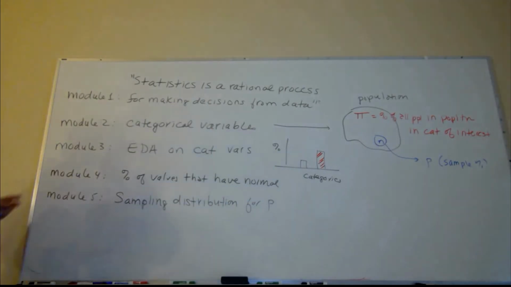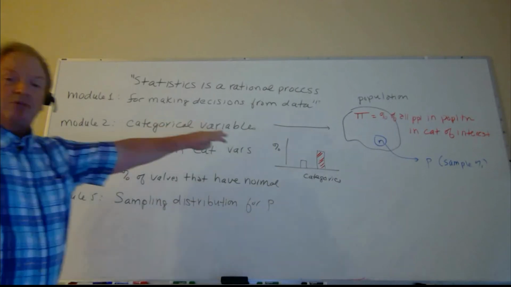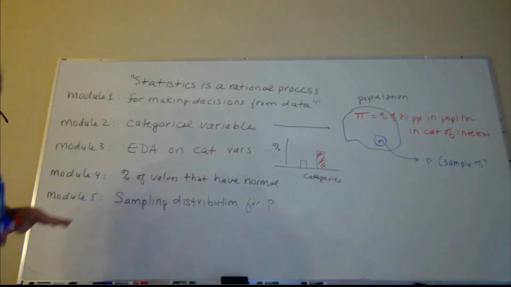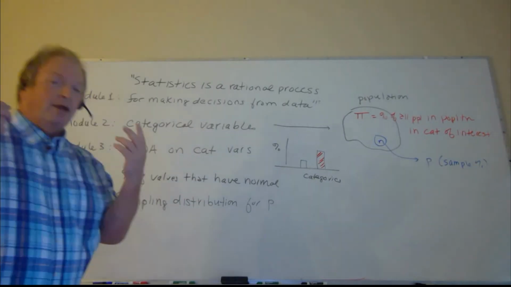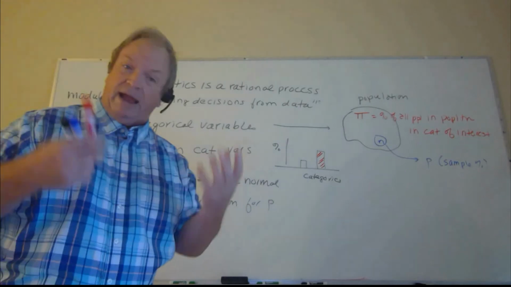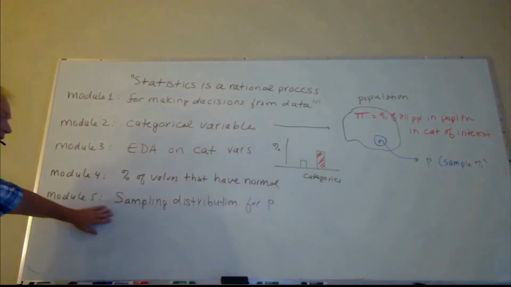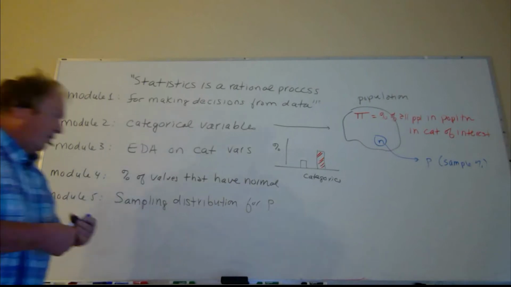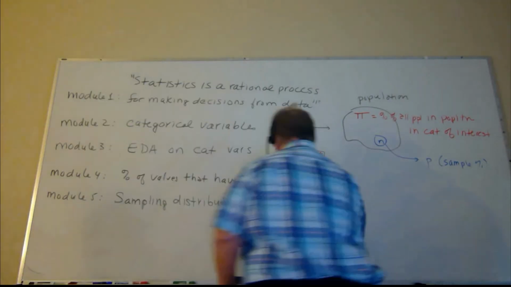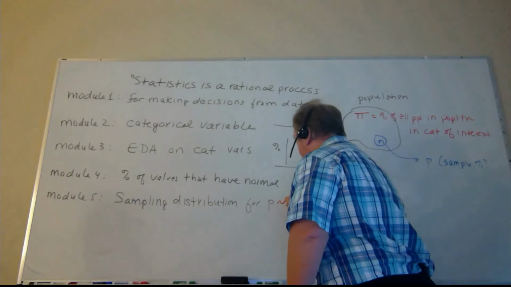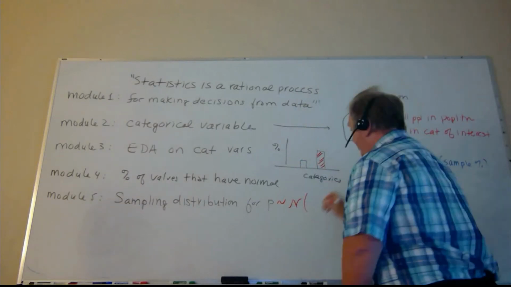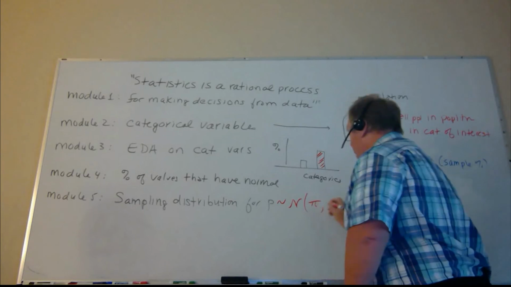The take home from this was that if our sample was good, and we talked in Module 1 about what a good sample is in general, random and large enough, and in this chapter we gave specific conditions for what was good enough, then these sample percentages have a normal distribution. They were centered at the population percentage.